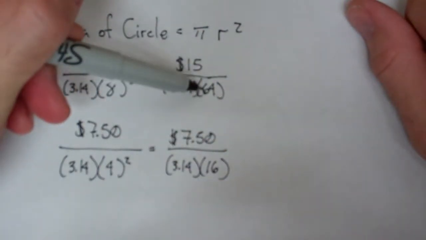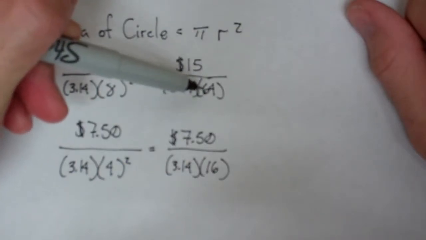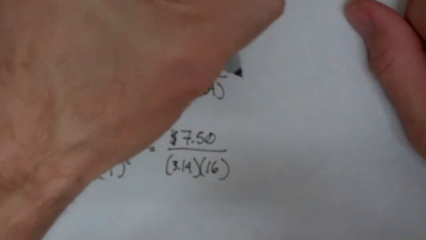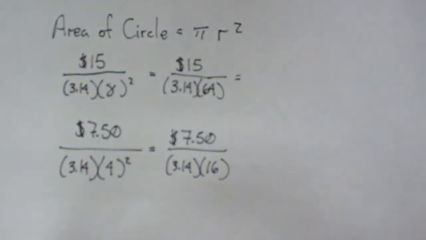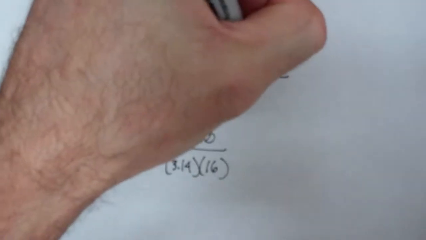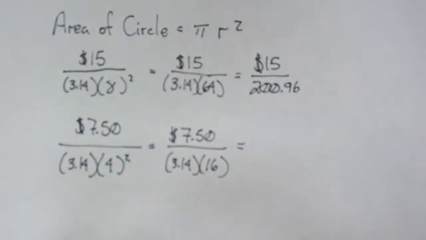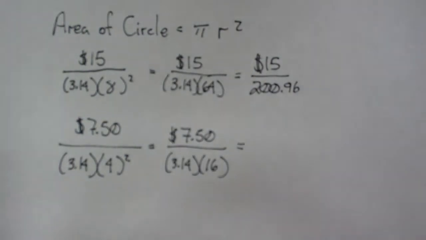Well, this is 4 times bigger, right? This is 4 times more area than this one is, but the price is only twice as much. And so now when I take 3.14 and multiply it by 64, I get 200.96. When I multiply 3.14 times 16, I get 50.24.